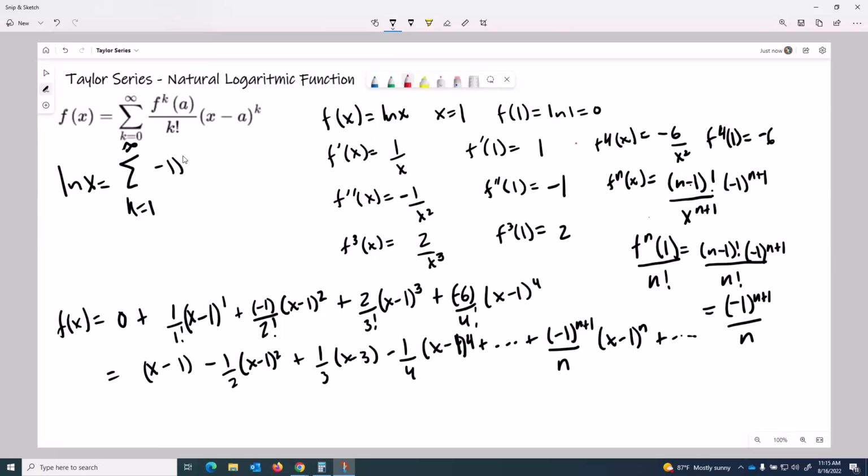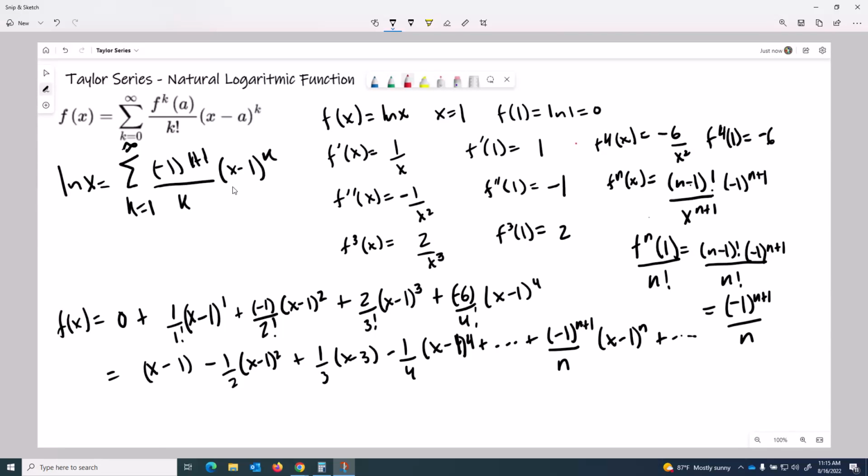This will be negative 1 to the n plus 1. Actually, we're using k's, right? So we'll use k plus 1, and this is divided by k, and then this is x minus 1 to the k.